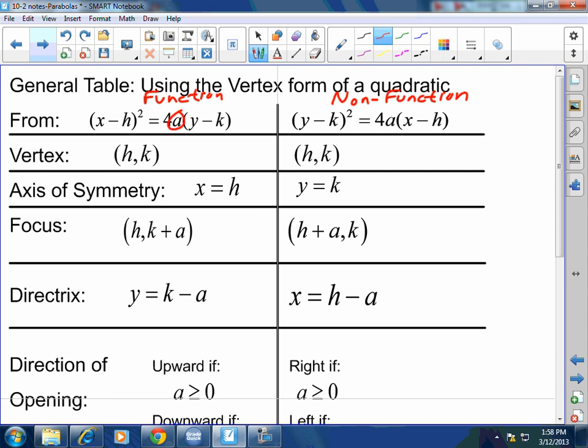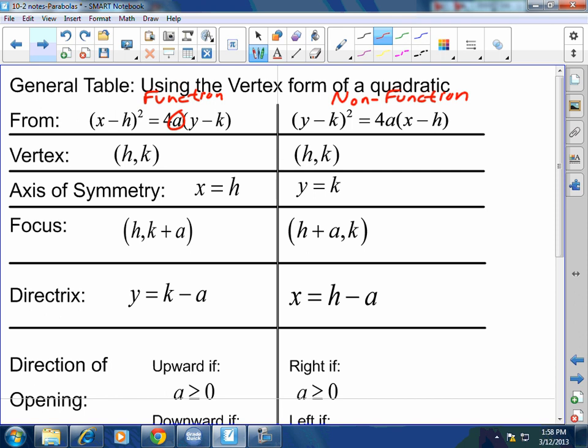Your directrix, that's also what is used to prove that you have a parabola, because again, the distance from any point on the parabola must be equal to both the focus and the directrix. The directrix equation is y equals k minus a.